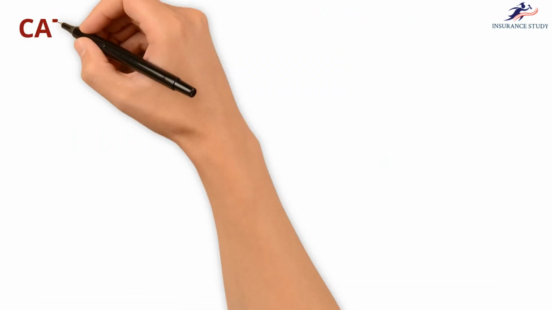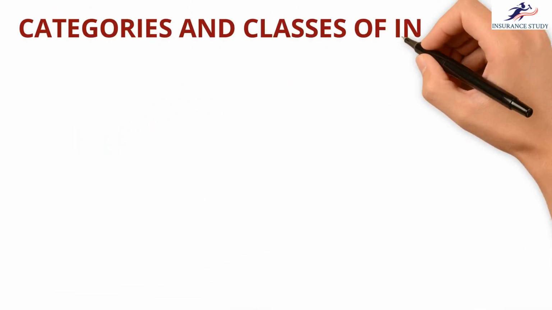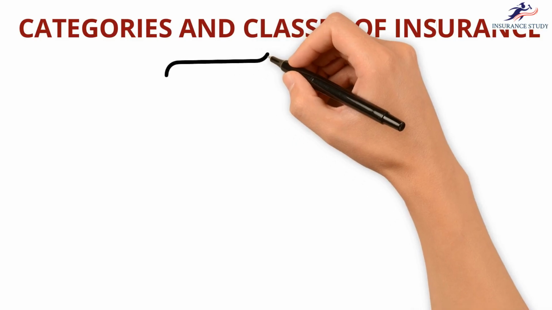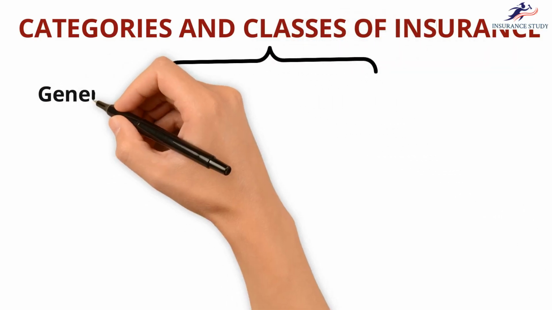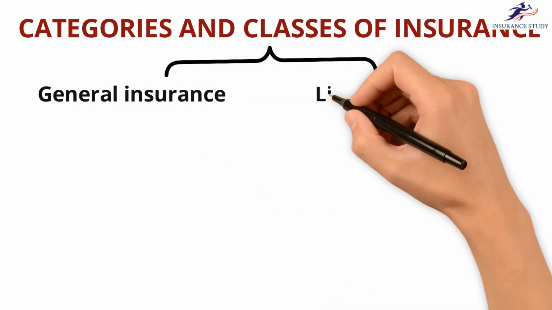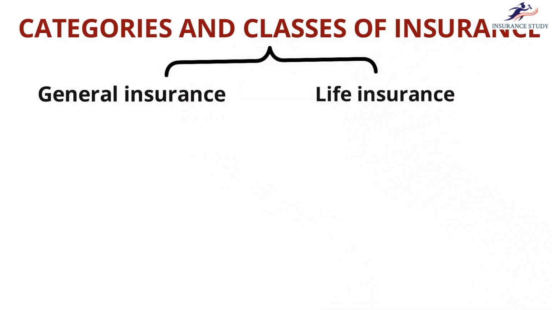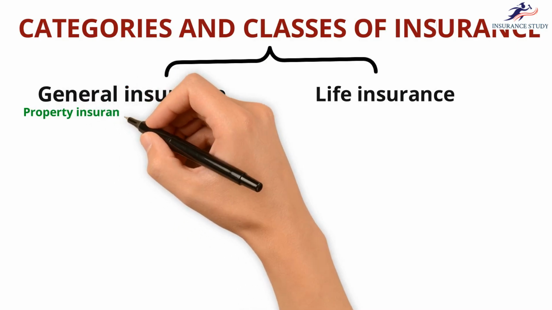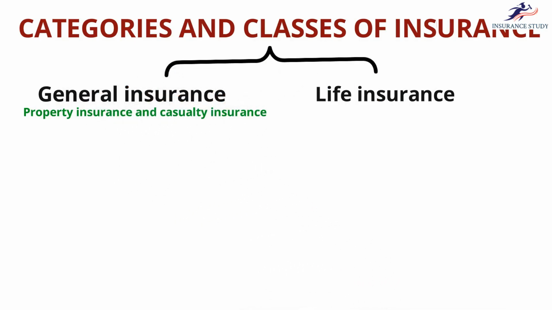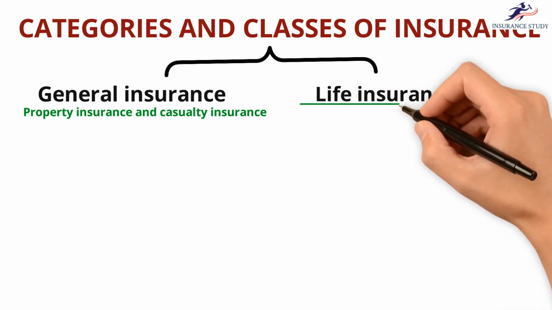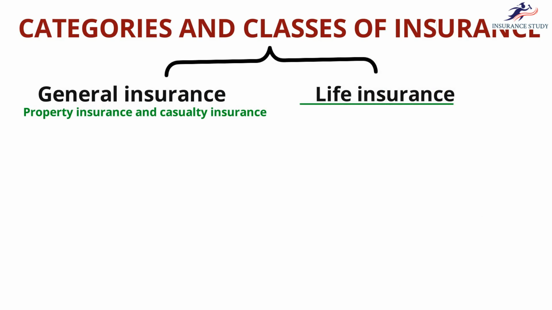So let's move to the categories and classes of insurance. Insurance falls into two broad categories: general insurance and life insurance. General insurance includes property insurance and casualty insurance. Life insurance is a separate category from general insurance.